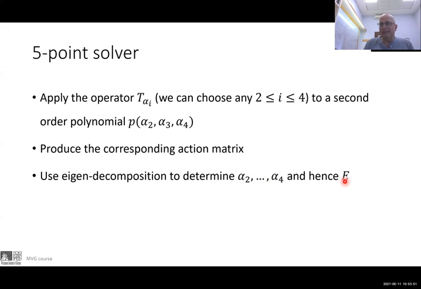That immediately implies E, because we simply say E is 1 times E1 plus alpha 2 times E2 plus alpha 3 times E3 plus alpha 4 times E4. And E1, E2, E3, E4 are simply the basis of the null space of the original 5 equations on E. Is it clear?